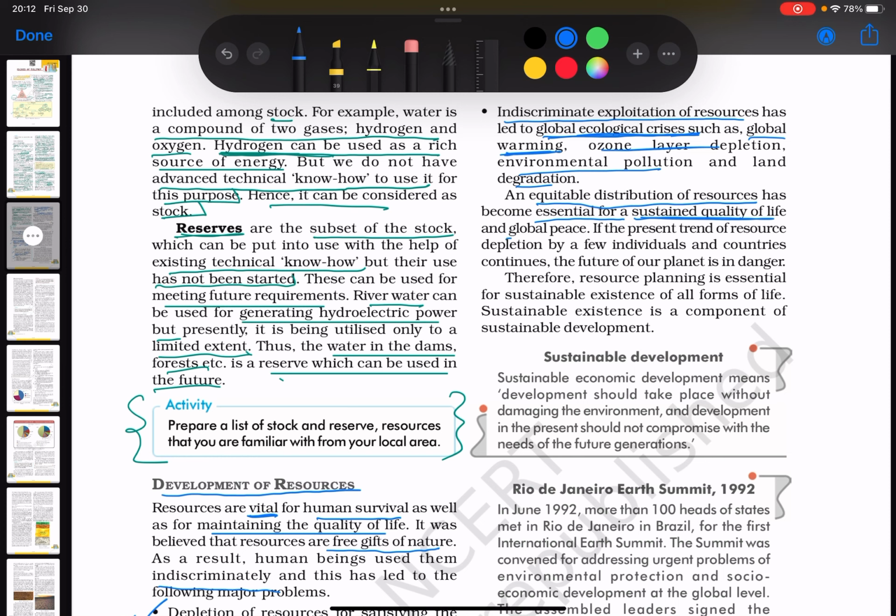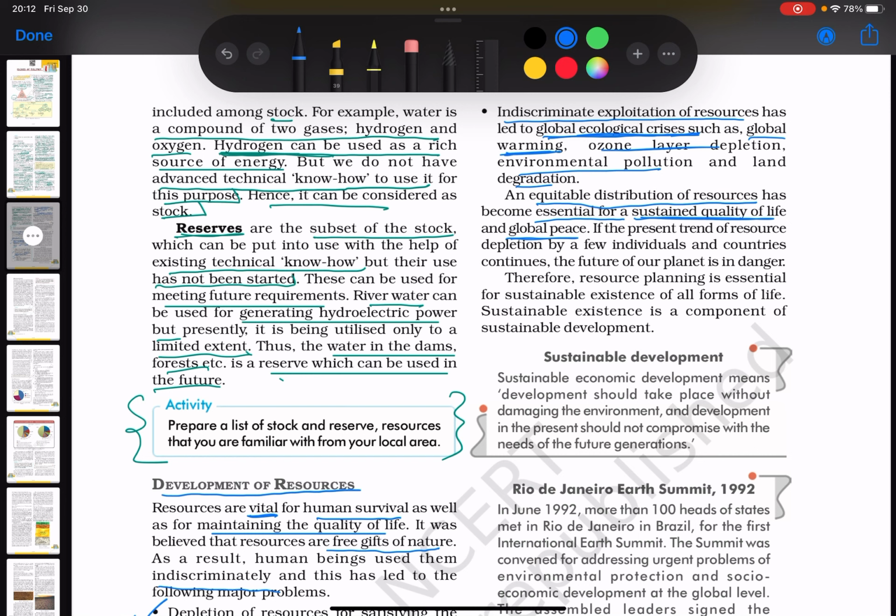And this is also going to be important for global peace. If one country doesn't have resources, obviously it is going to create issues at the level of peace. One nation may have to go to war with another nation to get access to the resources, as it is happening in many regions in the world right now.